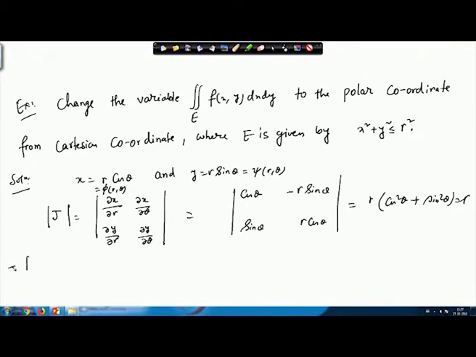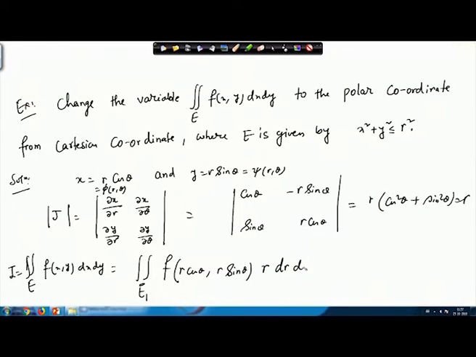Therefore, our integral I, now transferred into polar coordinates over our new region E1, has f of x equal to phi(r, theta), that is r cos theta, and y equal to psi(r, theta), which is r sin theta, and then the Jacobian determinant, which is r, and then dr d theta.